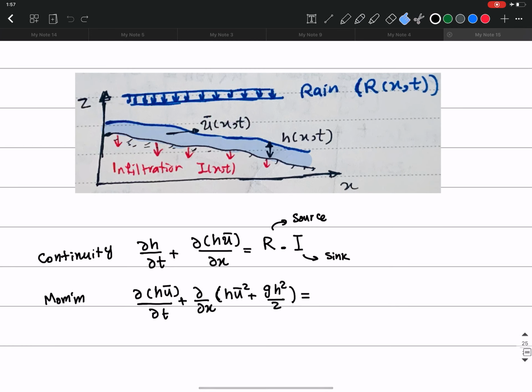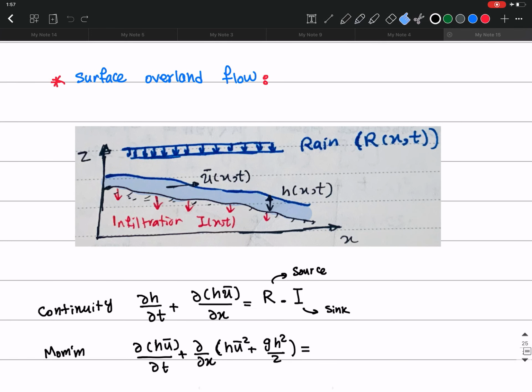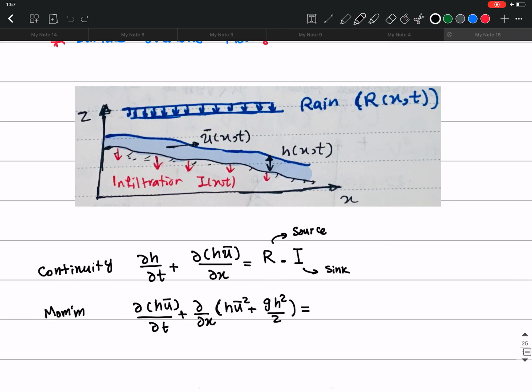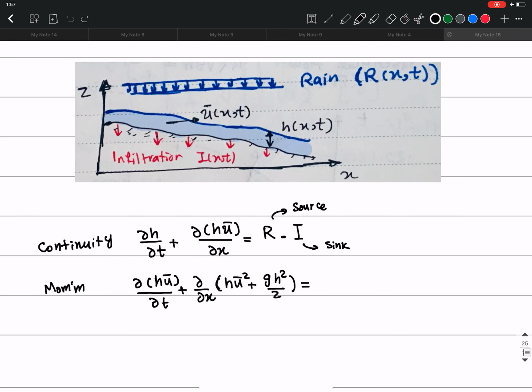And because we have some slope, the gravity might also help to accelerate the flow in the x direction. Okay, so we have two additional forces here. One is due to gravity, so I'm going to write 1 over rho of the weight of the fluid in the x direction.